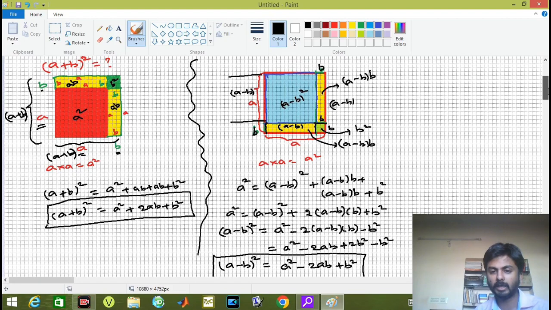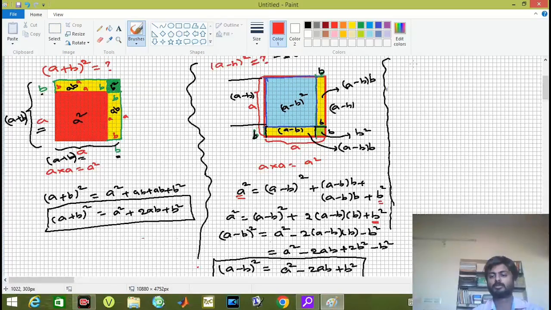Now, dear students, we are going to find the third important identity, that is (a plus b) into (a minus b). We don't know what its right hand side is, so we are going to derive this.